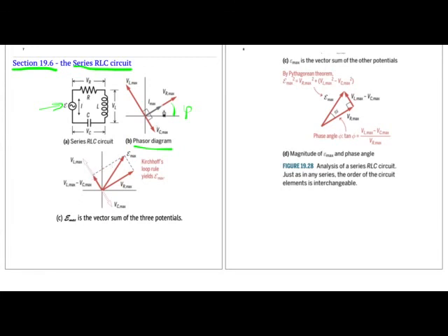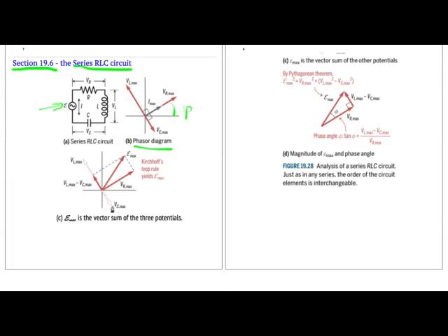So here's the phasor diagram, or here's a different view of the phasor diagram. We have VR in some direction, and we have VL 90 degrees to VR, well, VL is minus 90 degrees compared to VR.